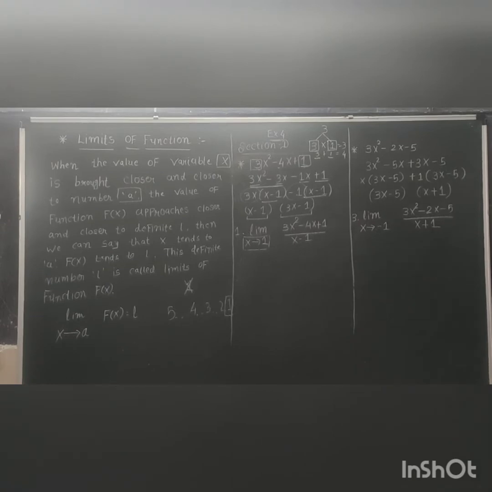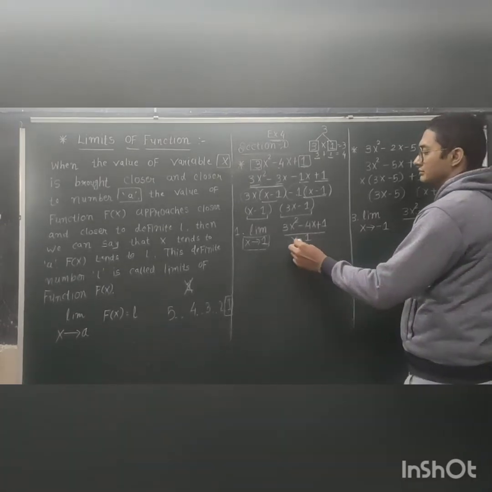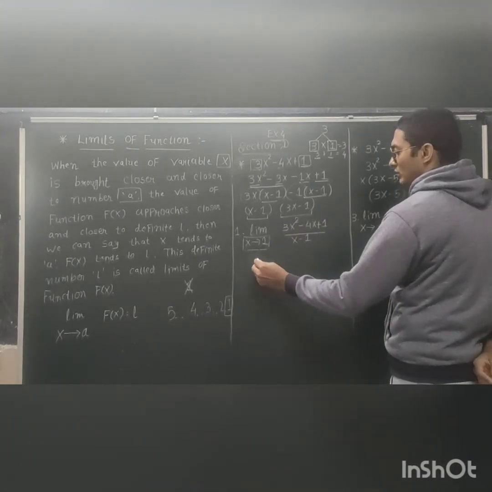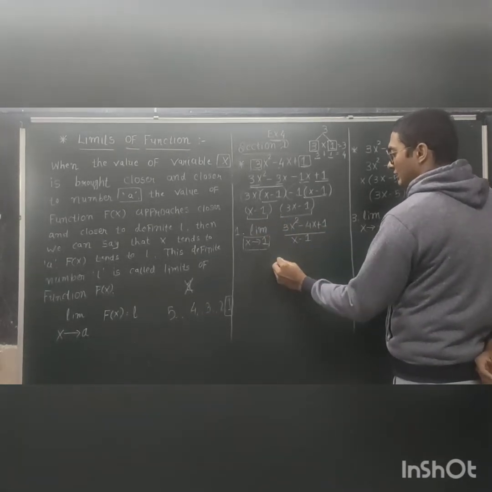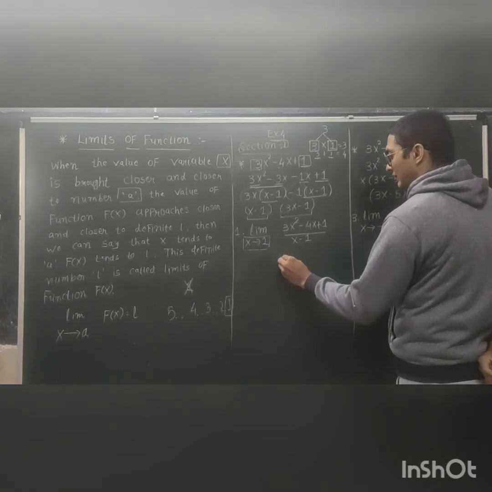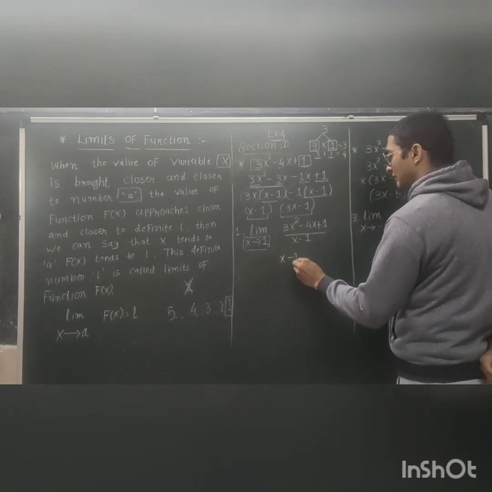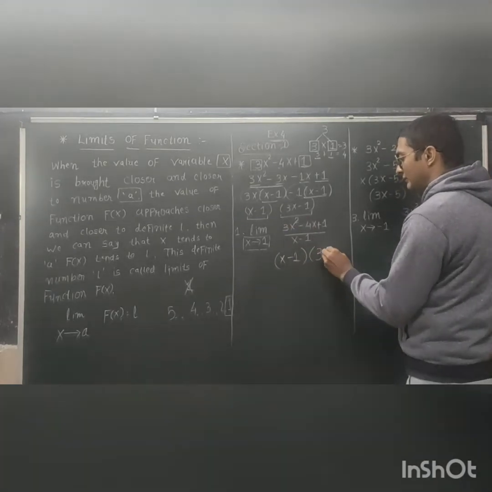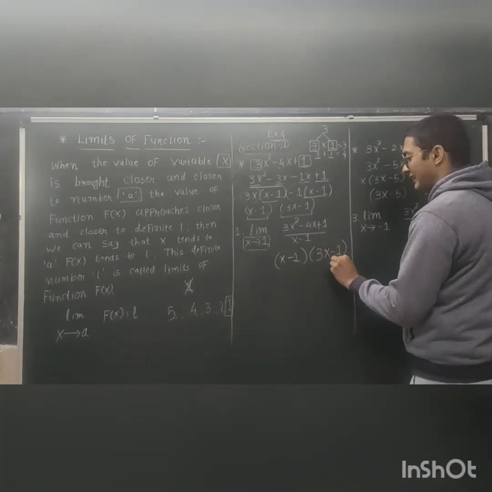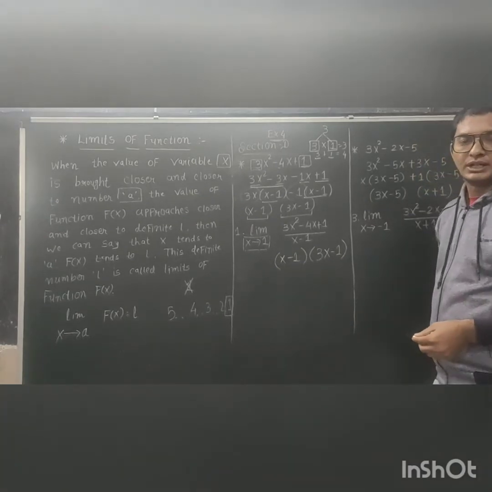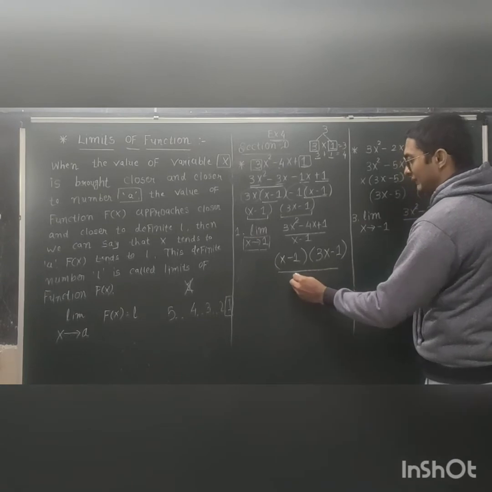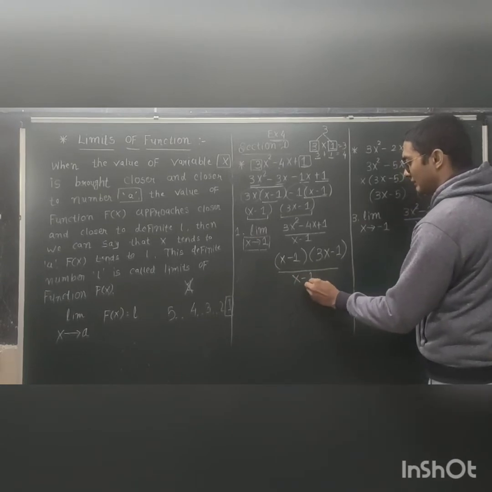So now here, instead of 3x square minus 4x plus 1, we can say that the simple factorization is x minus 1 in the first bracket and 3x minus 1 in the second bracket. Got it? While in the denominator it is x minus 1.